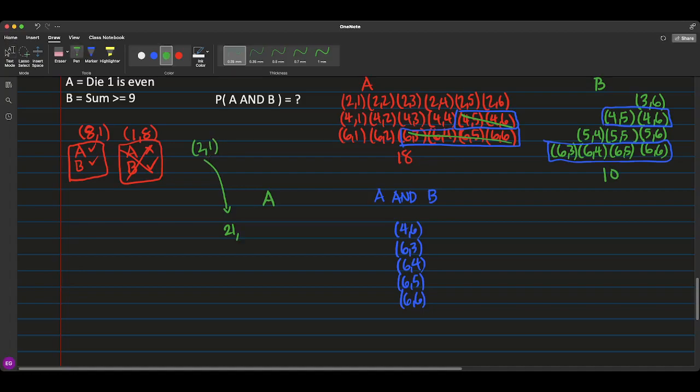So you could do a 21, a 22, oops, a 23, a 24, a 25, and a 26, a 41, a 42, a 43, a 44, a 45, and then the 46 ended up in A and B. 61, a 62, and then 63, 64, 65, and 66 ended up in A and B. These are just the events in A. So let's write that down.